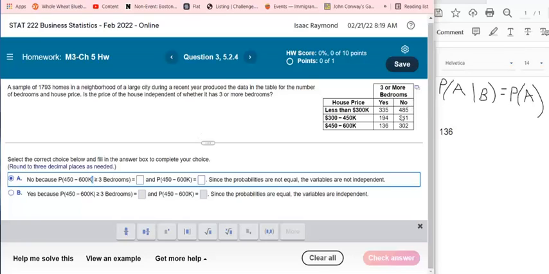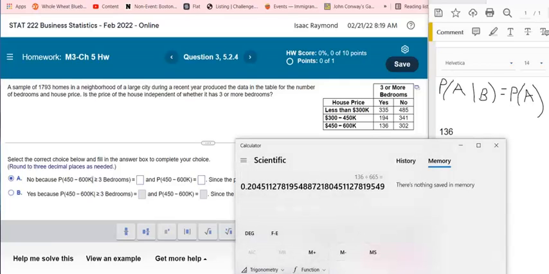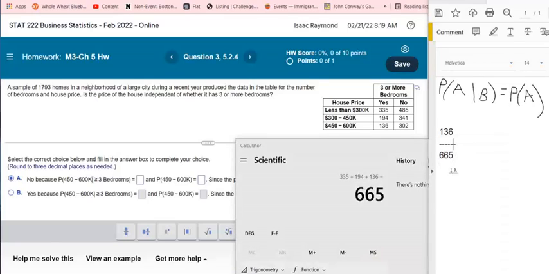That means we don't even look at this column. We don't even look at the no column. We're just looking at the yes column for this problem. So the 136 is the number I'm interested in, and I'm going to divide that by the total. But again, it's only the total for the yes column because it's a conditional probability. We're only thinking about the homes where they said, yes, we have 3 or more bedrooms. So the total for this is 665.